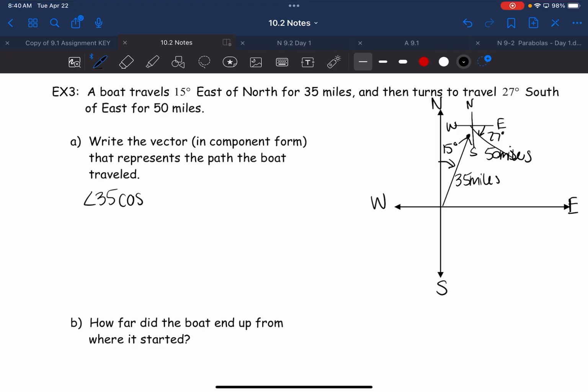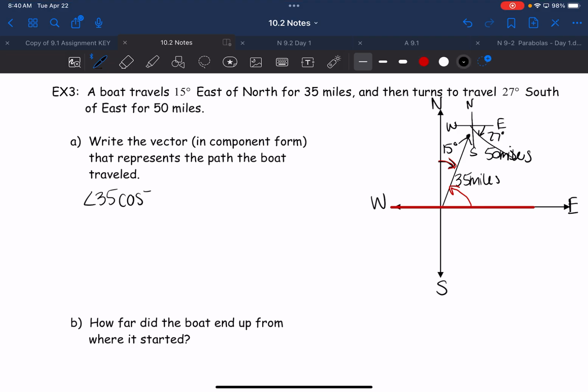Now this part is where it gets a little bit tricky because your angle should always be measured from the x-axis, right? So in this case, for that first vector, this would be my x-axis. So I know that it was 15 degrees from the north part of my compass to that line I drew. So how many degrees would it be from the x-axis to that vector? 75.